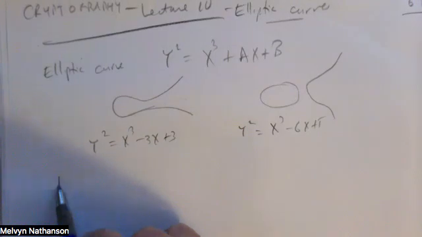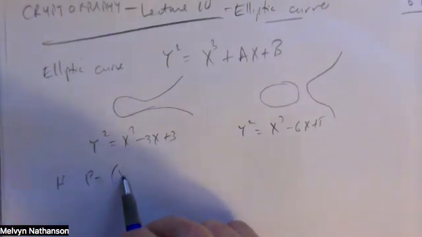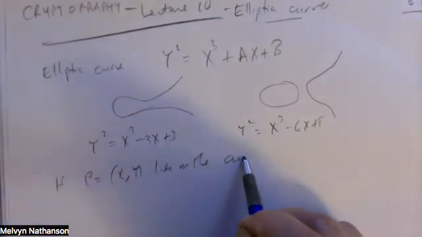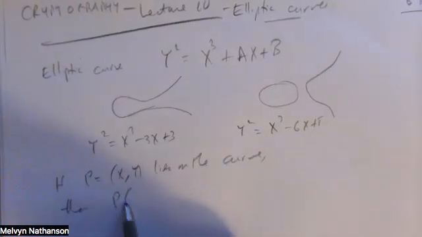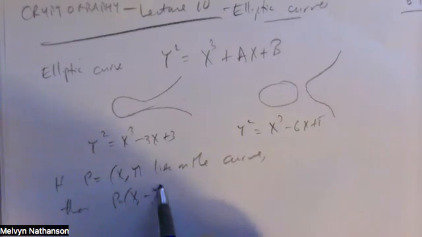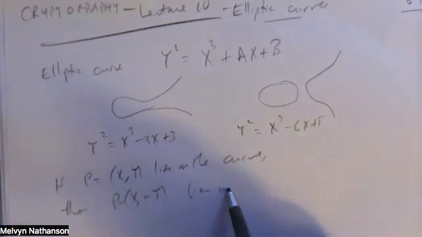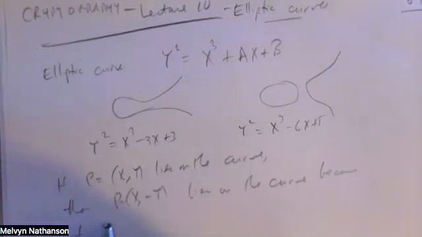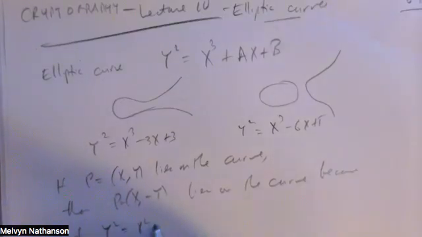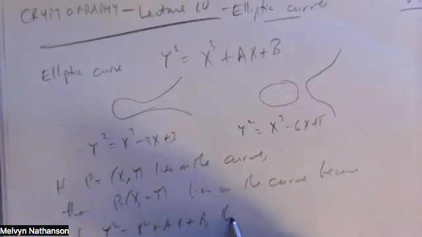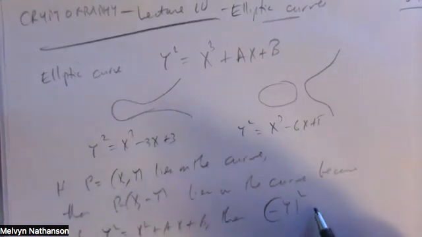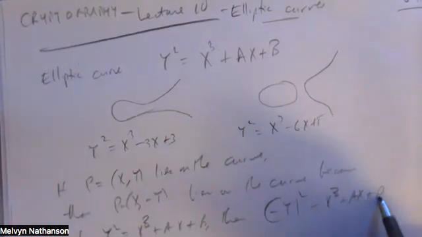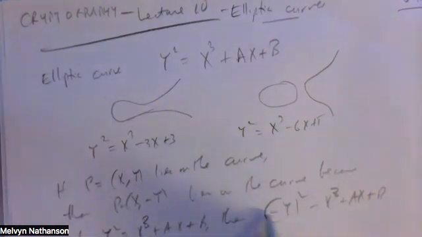And we can notice that if P, a point with coordinates x, y, lies on the curve, then also the point x, minus y lies on the curve, because if y squared equals x cubed plus ax plus b, then minus y all squared equals x cubed plus ax plus b, because minus y squared is the same as y squared.